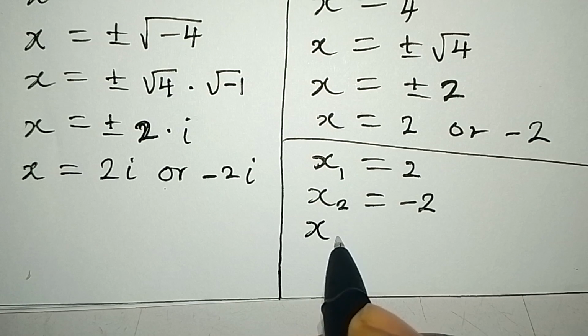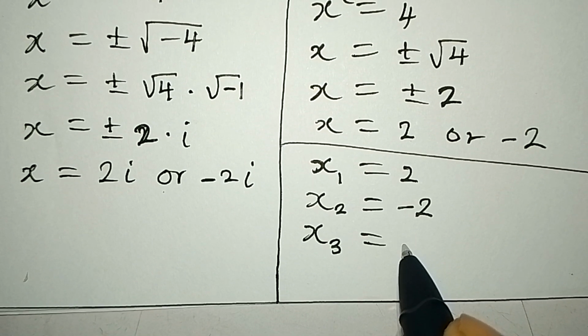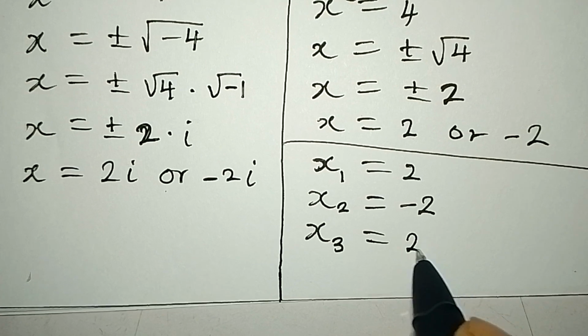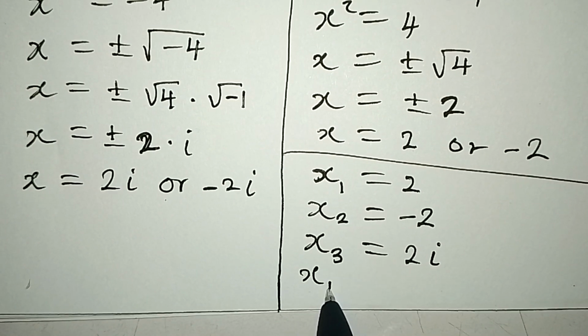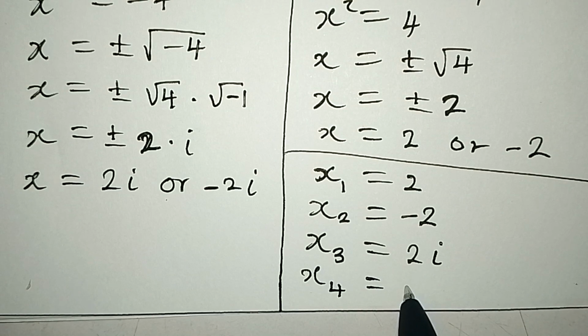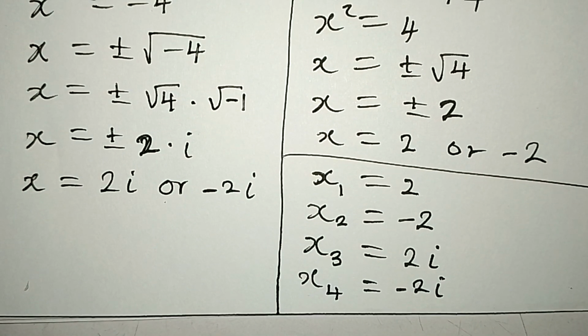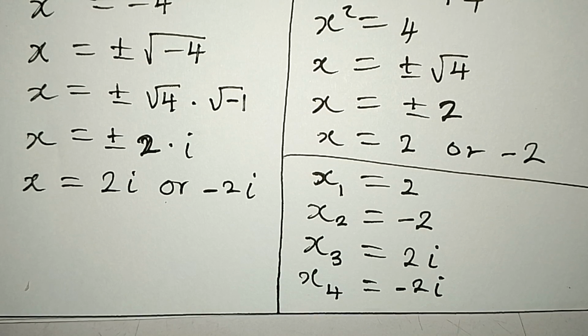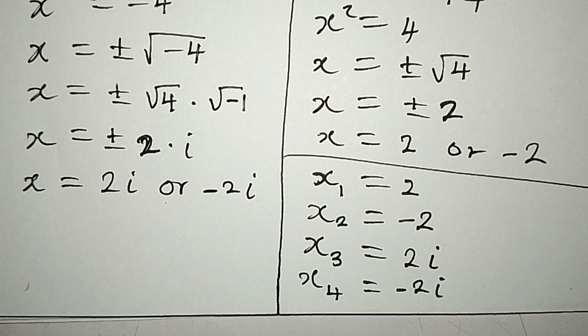Our x3 is equal to positive 2i, and then our x4 is equal to -2i. Remember, because we have to solve this completely, we are expected to have all the four solutions.